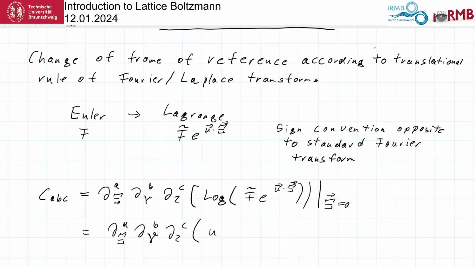We'll have u times xi, so this is what's left, plus the logarithm of the new function f.